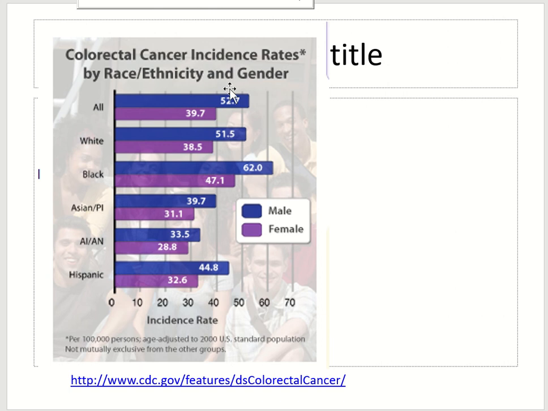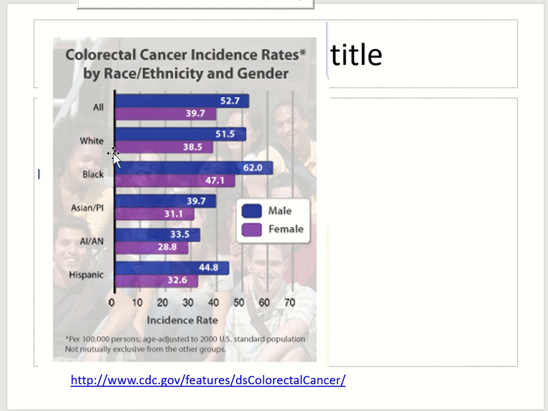The way to read the 52.7 is 52.7 new cases of colorectal cancer among 100,000 men. It's lower for women, and since it's incidence rate, we're talking about additional cases. So this year, for every 100,000 men, you would expect to see 52 newly diagnosed.